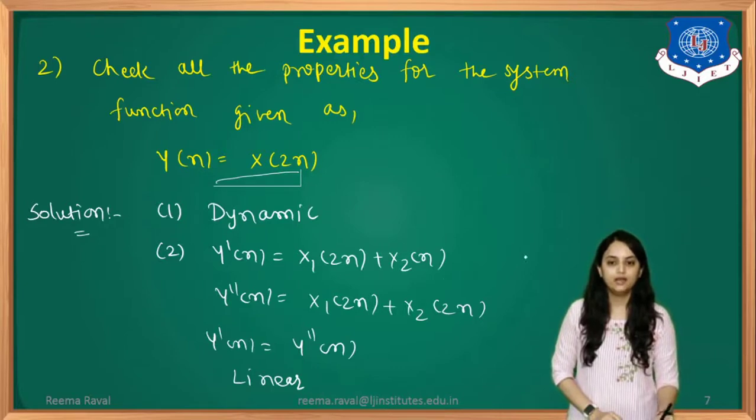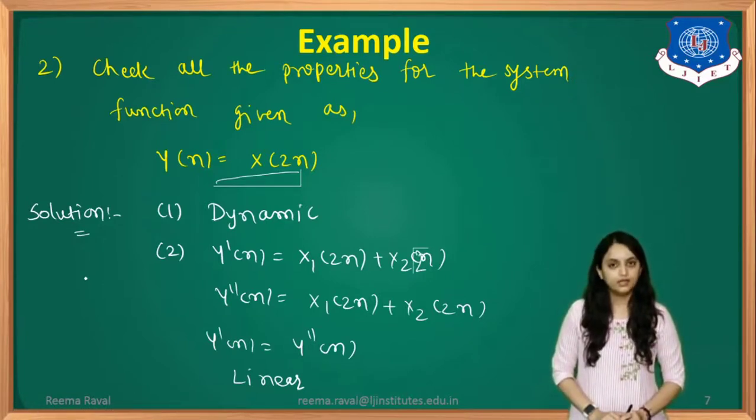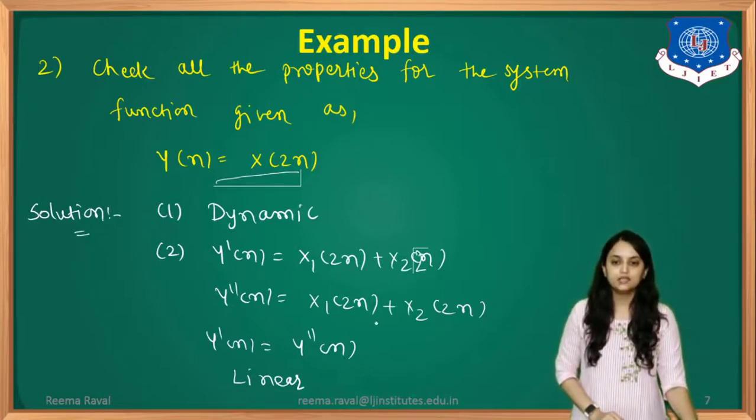Now, if we give the two inputs differently and then check the output, we'll also have y double dash of n equals x1 of 2n plus x2 of 2n. That means these two are equal, which makes the system a linear system.